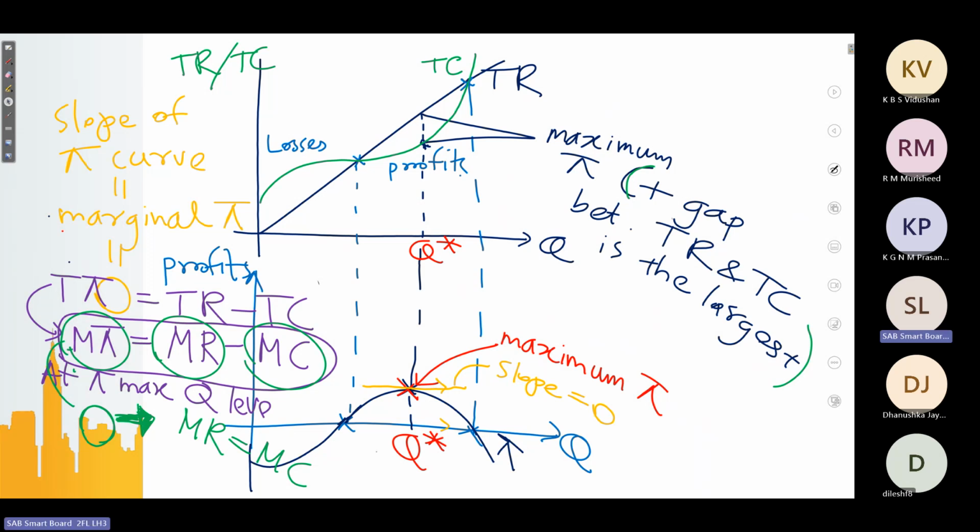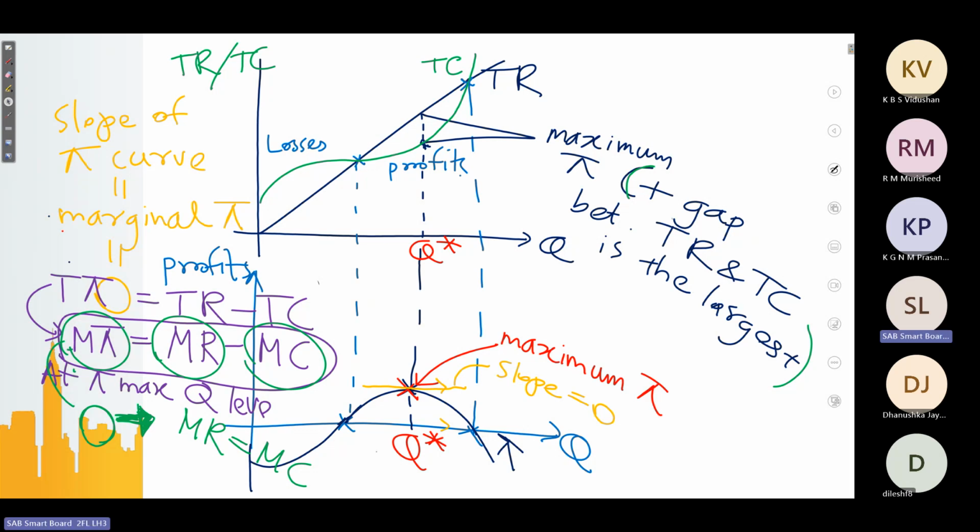Then marginal revenue should be the slope of the total revenue curve, and marginal cost is the slope of the total cost curve.